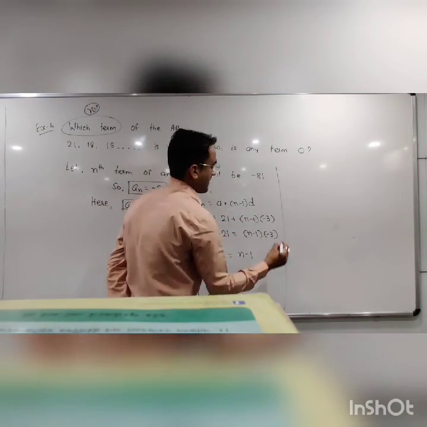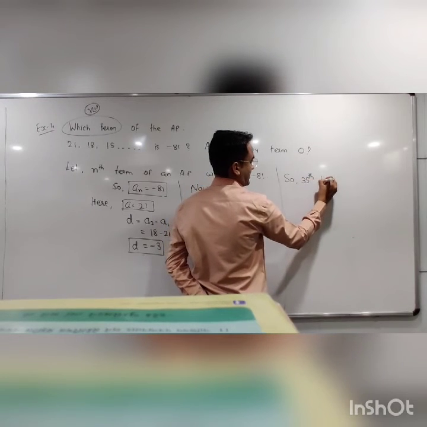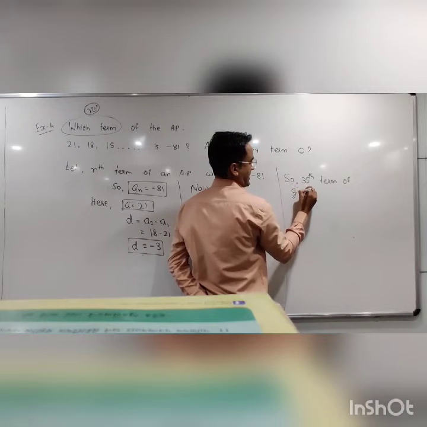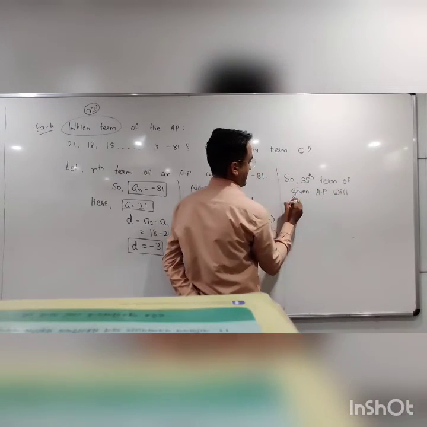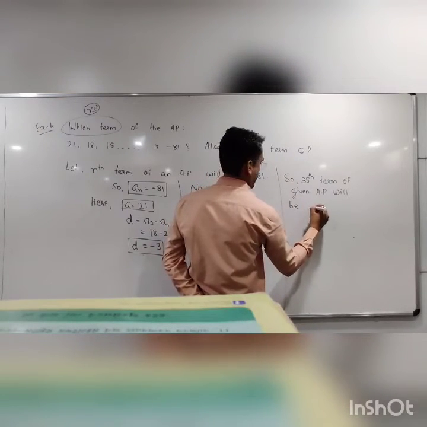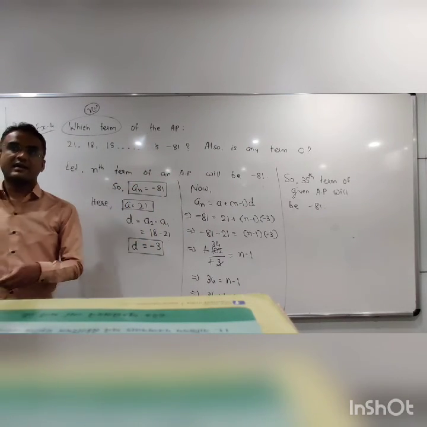So 35th term of the given AP will be minus 81. ये AP की कौन सी टर्म है?